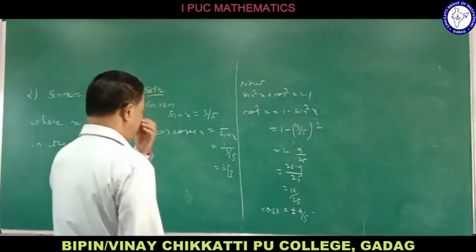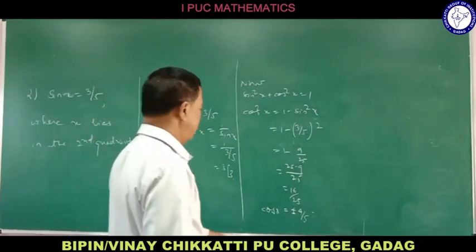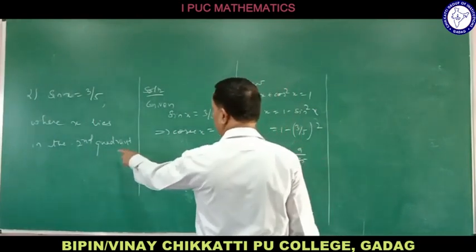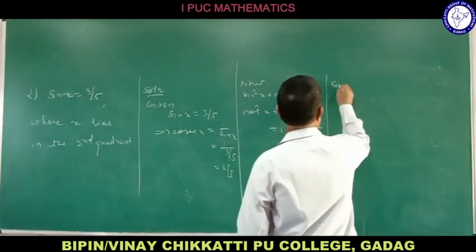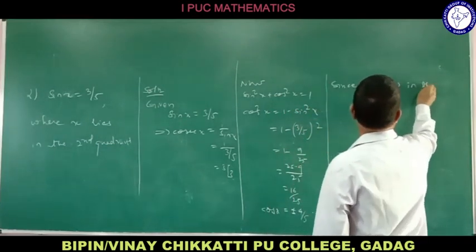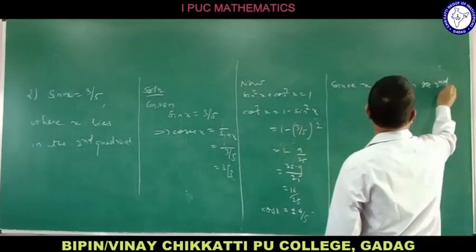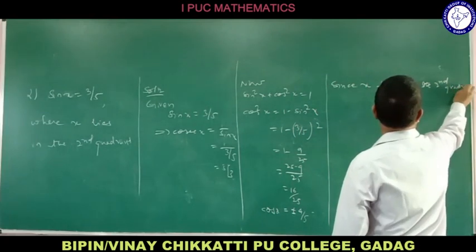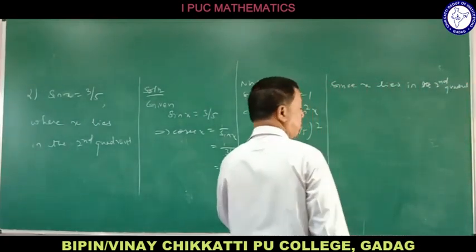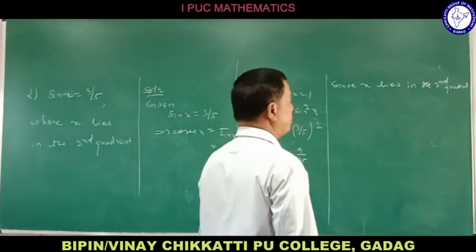So when you go for writing 4 by 5, again you have to see that in the second quadrant, since x lies in the second quadrant, what will be the values? You see that in the second quadrant only sin and cosec are positive.